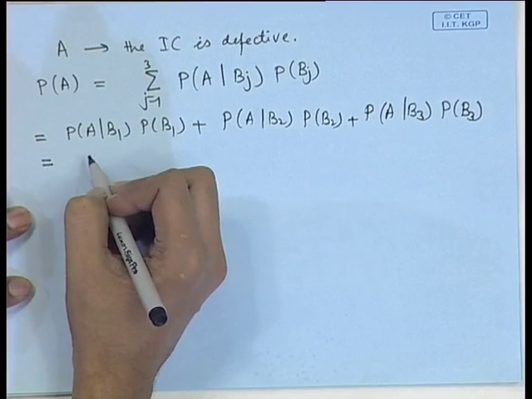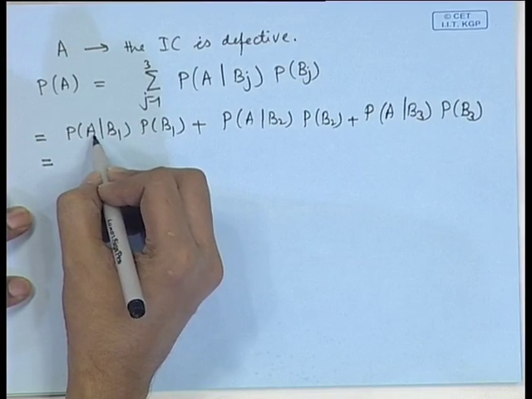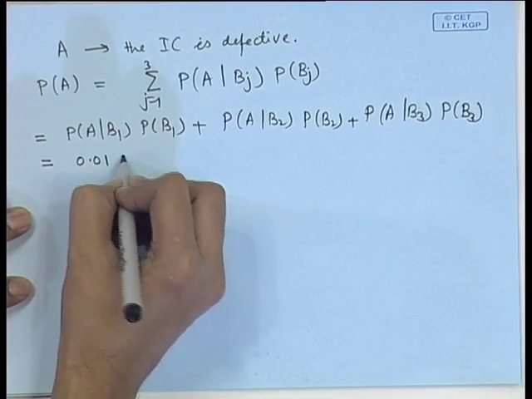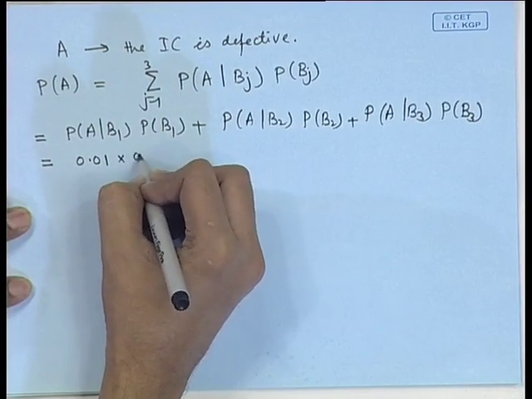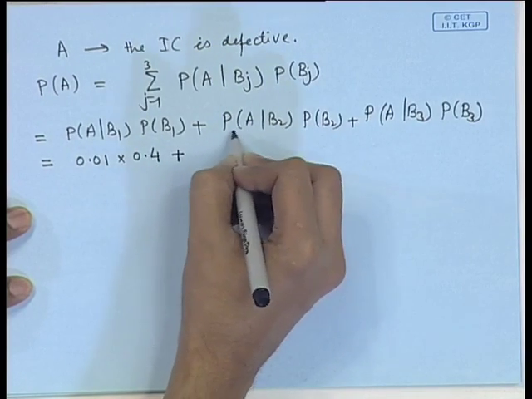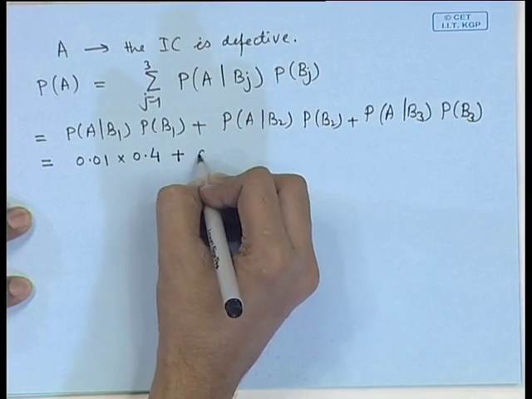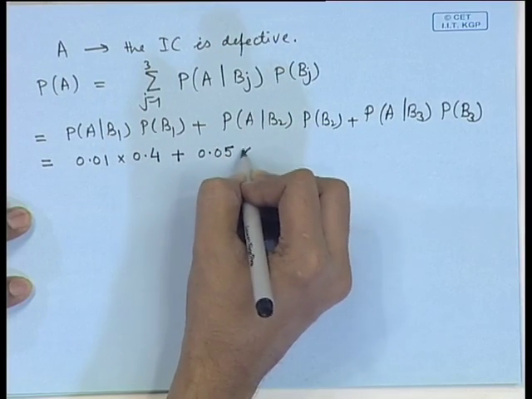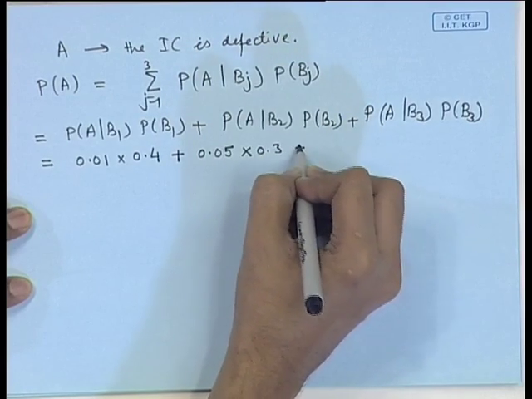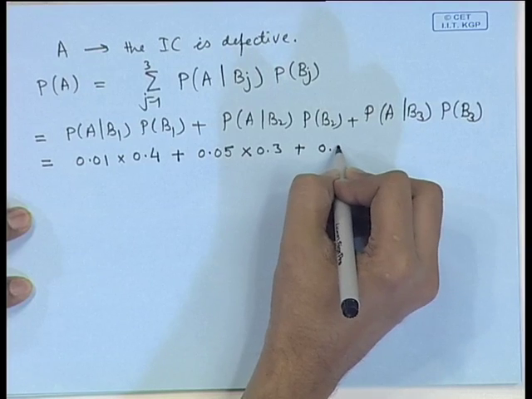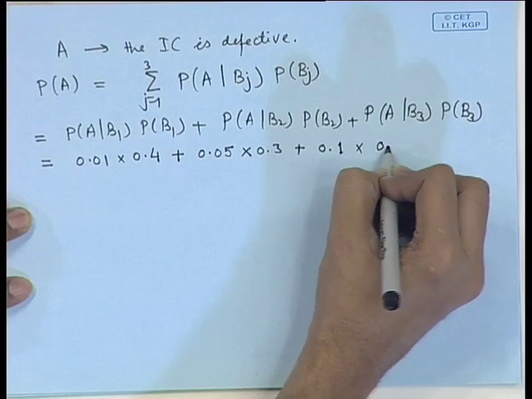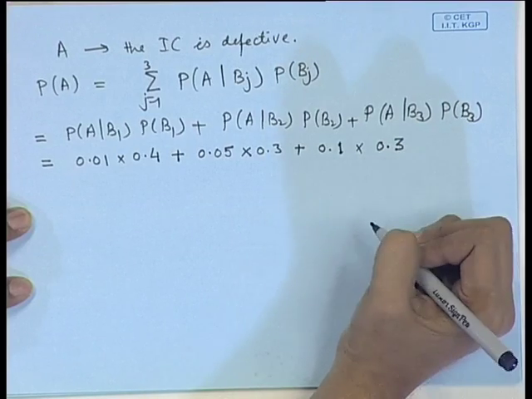So, now probability that it is defective given that it came from the first one is only 0.01, and the probability that it was supplied by the first supplier is 0.4. The probability of being defective from the second supplier is 0.05, and the probability that supplier 2 supplied it is 0.3. Probability that it is defective provided it was supplied from the supplier 3 is 0.1, and the probability of getting the supply from the third supplier is 0.3.